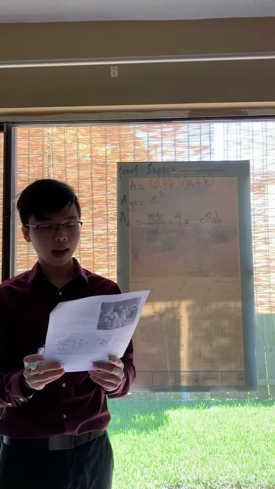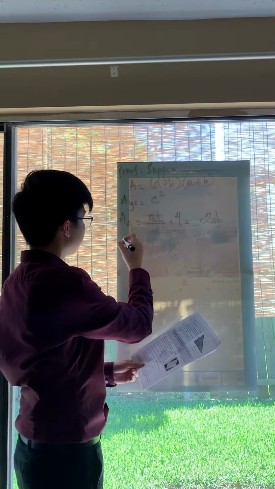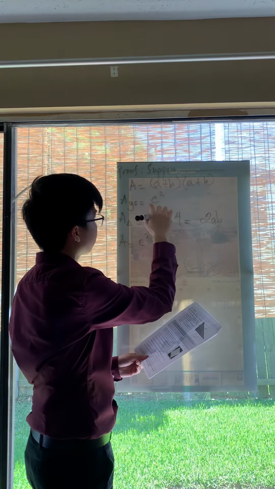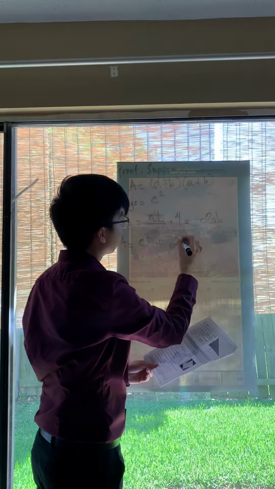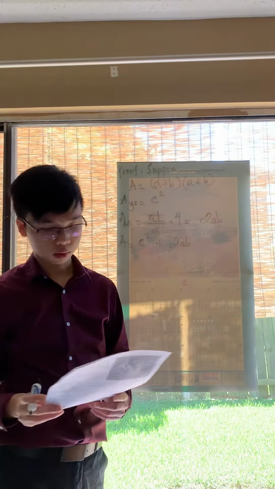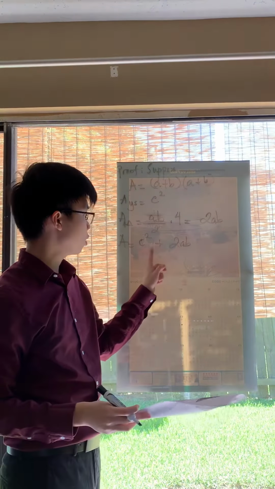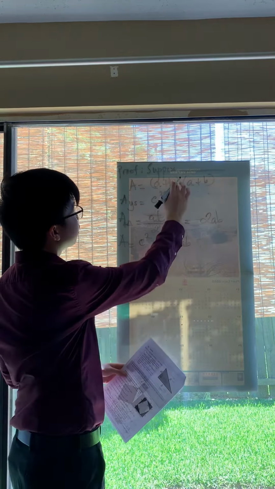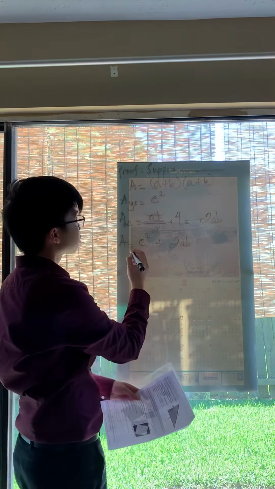Now we're going to add up the areas of all the small shapes. So our big A is going to be c squared from the yellow square, plus 2ab from the area of the 4 right triangles. This is the area of all the smaller shapes, c squared plus 2ab. Now let's set them equal to each other, because they are essentially one shape.